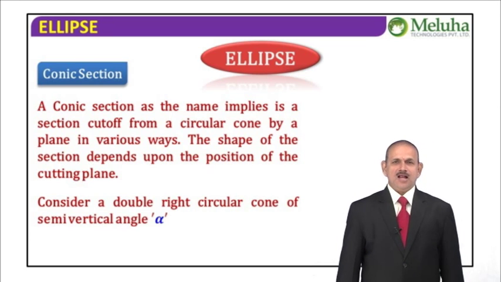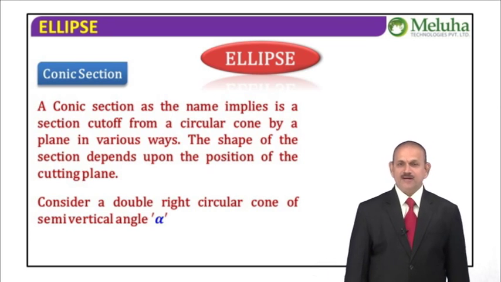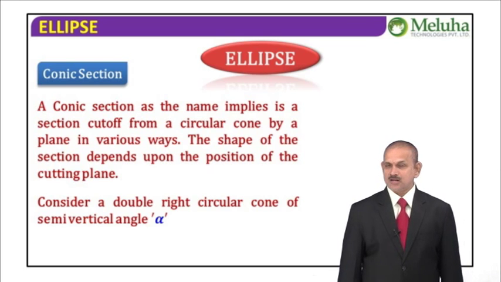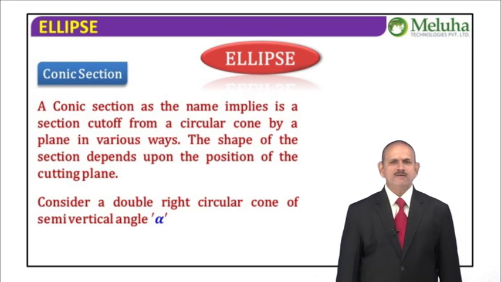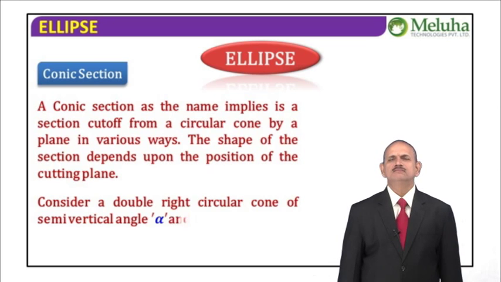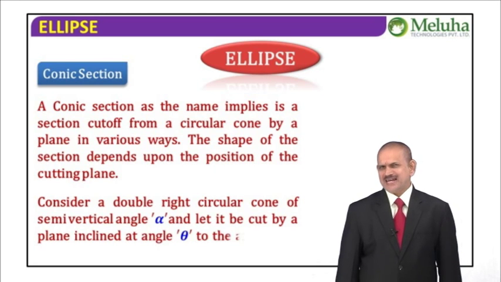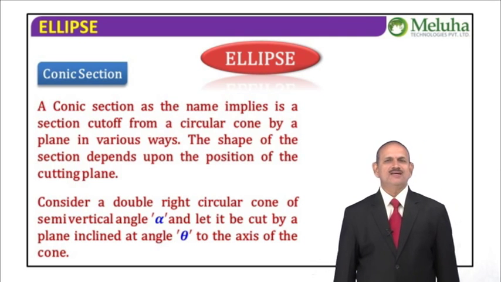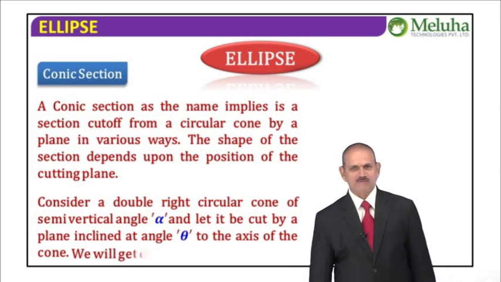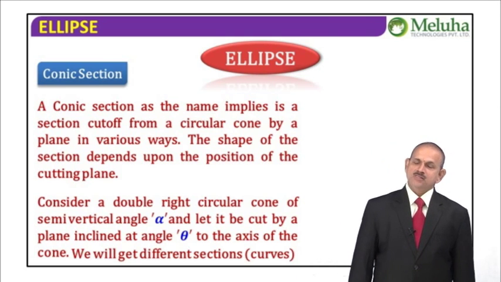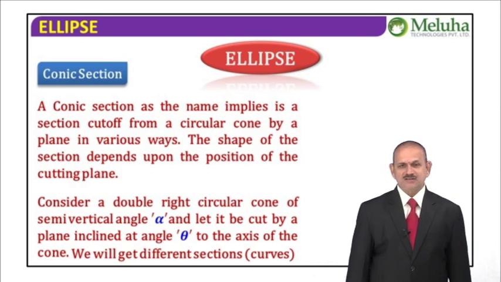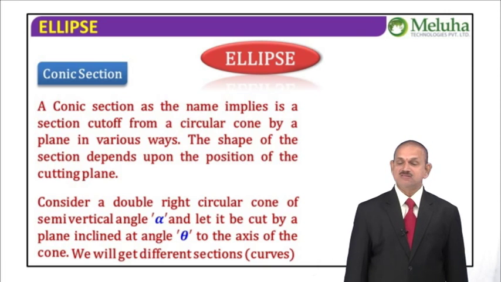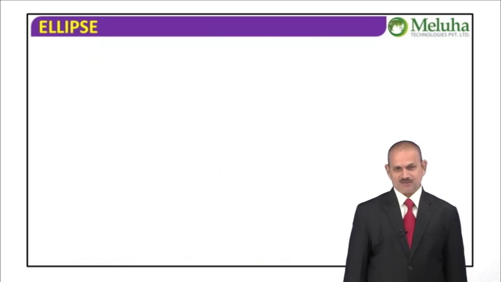Okay, let us consider a double right circular cone of semi-vertical angle alpha, and let it be cut by a plane which is inclined at an angle theta to the axis of the cone. You see, we definitely get different sections depending on the plane of intersection.